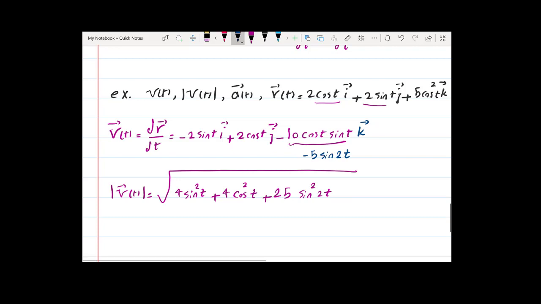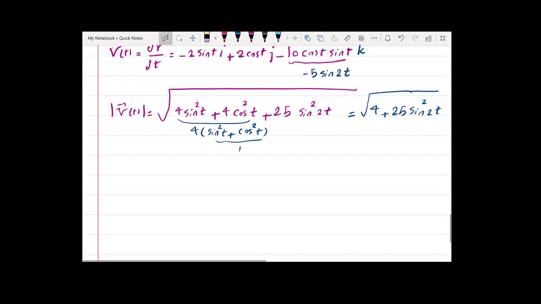By pulling 4 out, we have sine squared of t plus cosine squared of t, which is equal to 1. So we have the square root of 4 plus 25 sine squared of 2t.